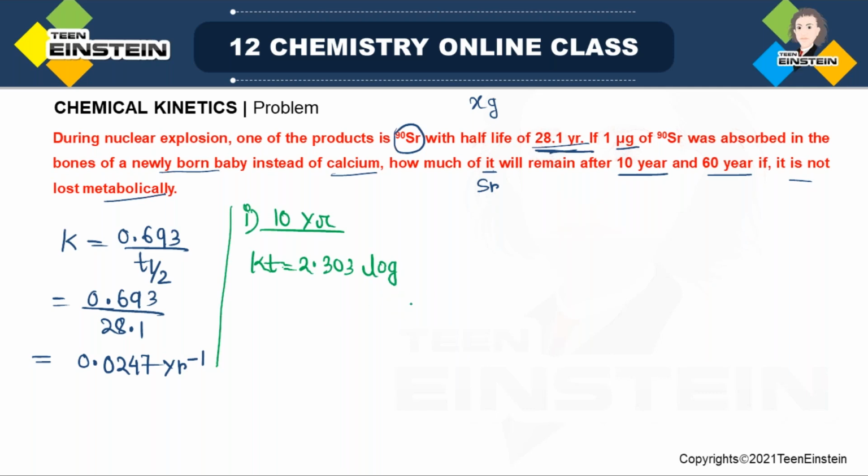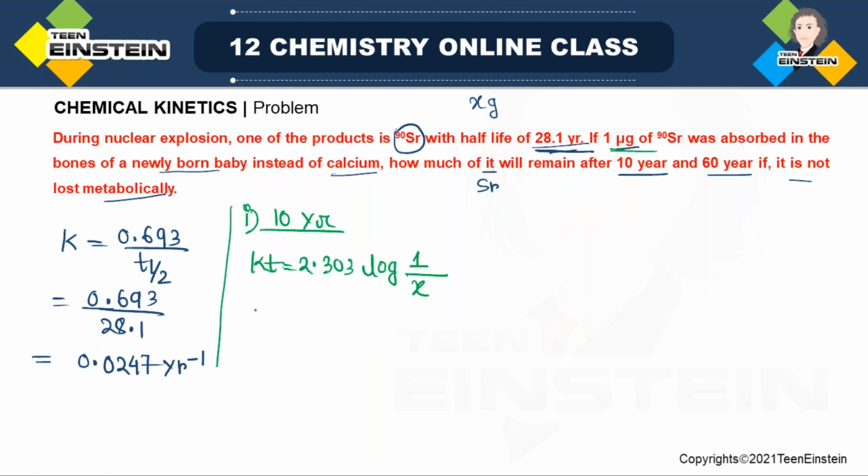So here the initial amount we will consider as 1, and the final amount is x microgram. Initial amount 1 microgram, final amount x microgram. Because in this relationship we take log of initial amount divided by remaining amount. So that is why 1 by x.